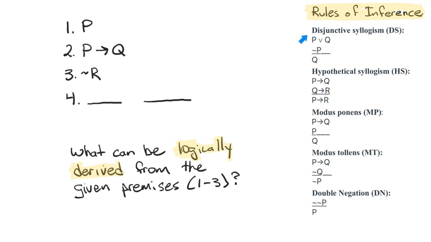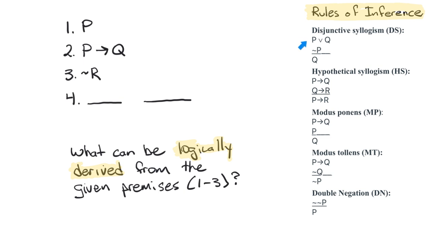Each of these rules of inference refers to a valid form. So a disjunctive syllogism is a valid form. In the previous units using the truth tables, we showed how to evaluate arguments to determine whether or not they're valid. These are valid forms, and we could prove that using a truth table.